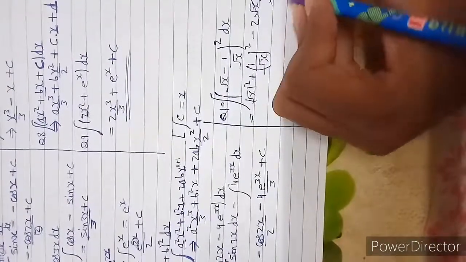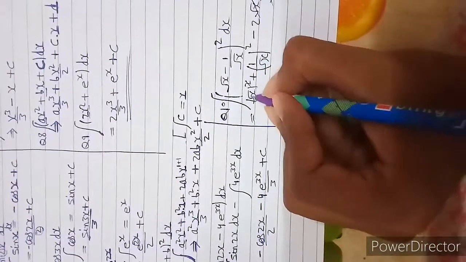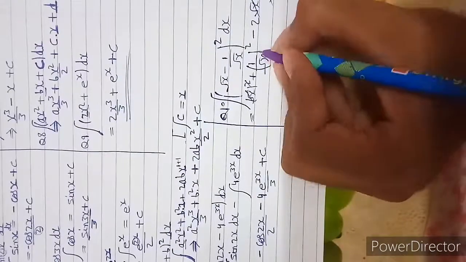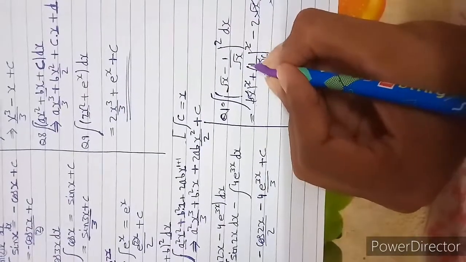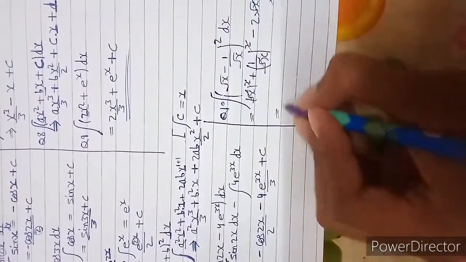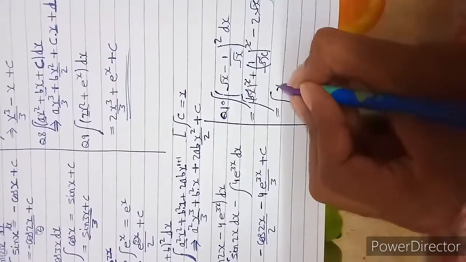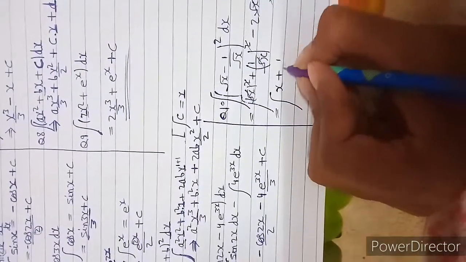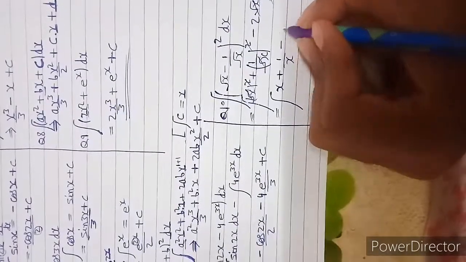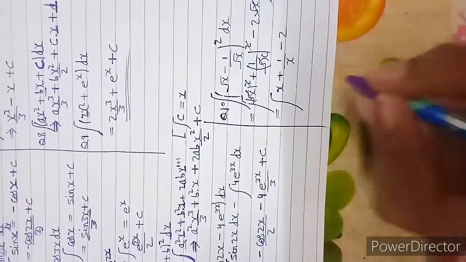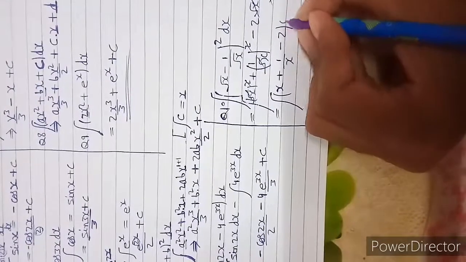This becomes cancelled, square root cancels. Now here also this and this is 1 only. So what will we get? We will get here x plus 1 upon x minus 2. Now we have to integrate this whole term.